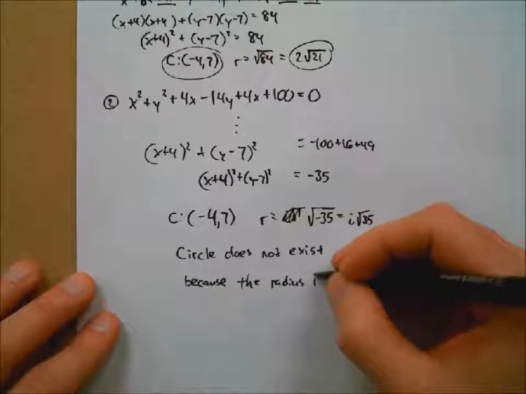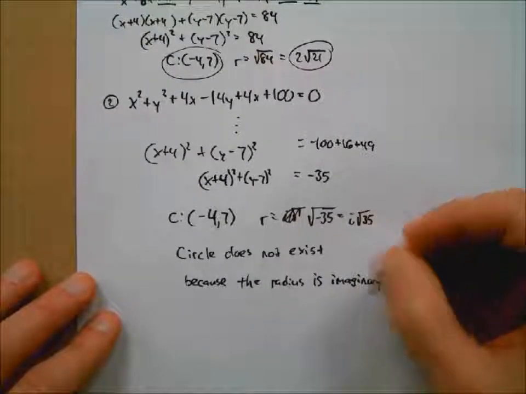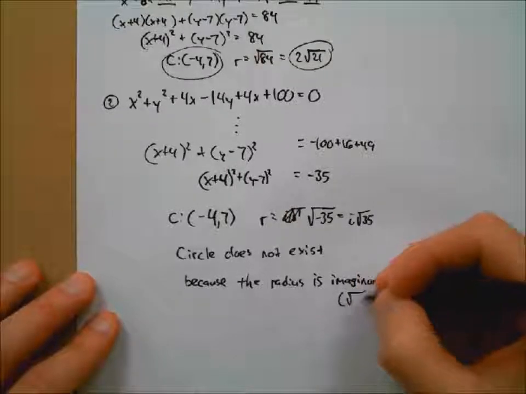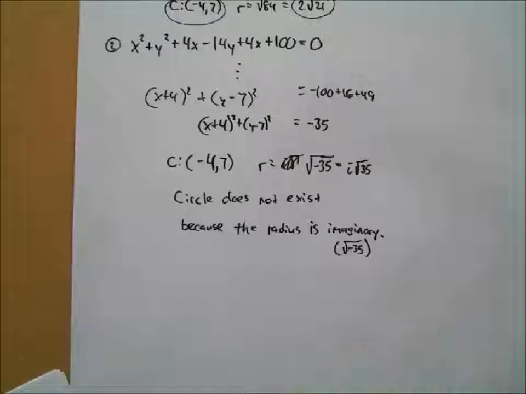No imaginary radii. The circle cannot exist because the radius is imaginary. The circle is not imaginary, the radius is imaginary, and therefore the circle does not exist. A little bit of a distinction there. All right, questions on any of that? So that wasn't a mistake. I actually meant to give it to you that way.